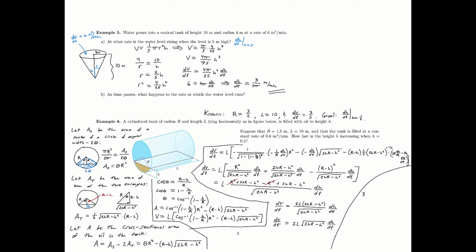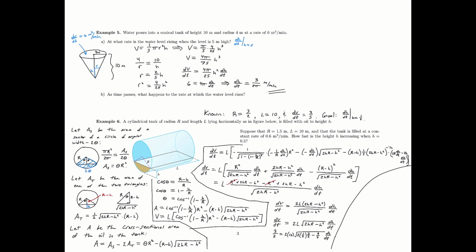Oops, I guess I'll do this down here. 3/5 equals 2 times 10, the length of the tank, square root of 2 times a height of 1/2, radius of 1.5, so 3/2, minus 3/2 squared, which is 9/4, dh dt.